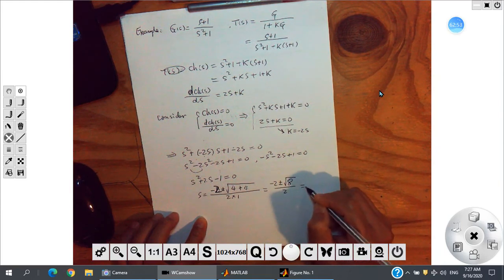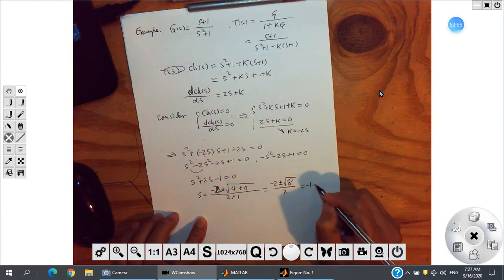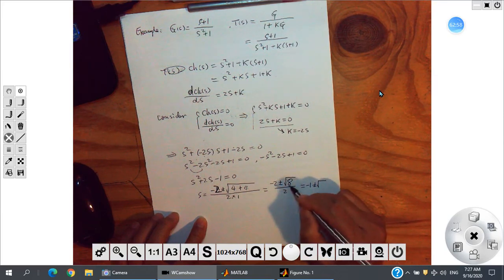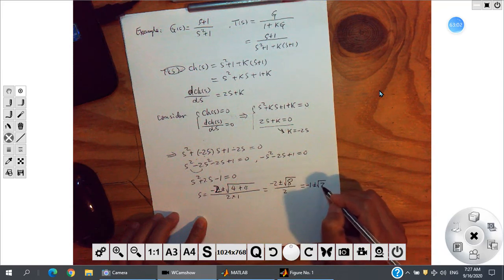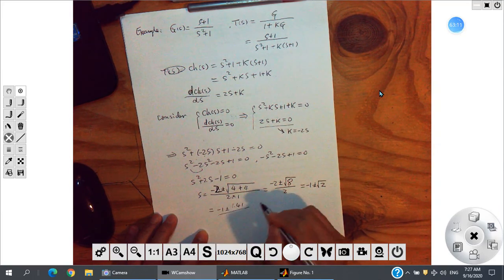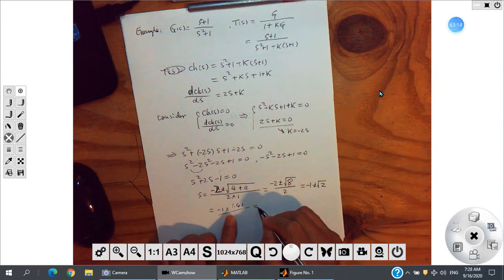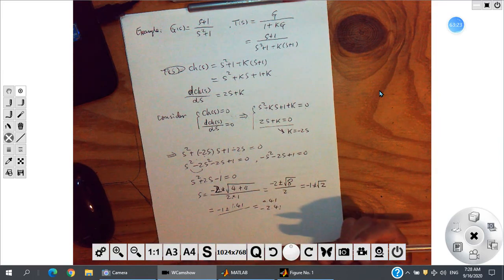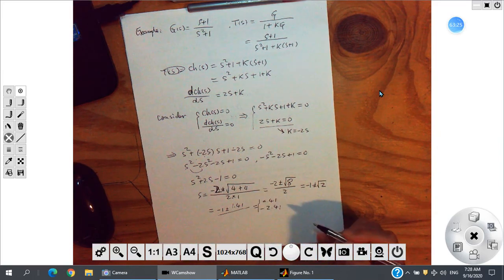I cancel the 2: negative 1 plus or minus the square root of 2, since putting the 2 inside the square root gives 4, and 8 over 4 is 2. So it is negative 1 plus or minus 1.41. If I do plus, there will be positive 0.41, or negative 2.41. So I have two values.